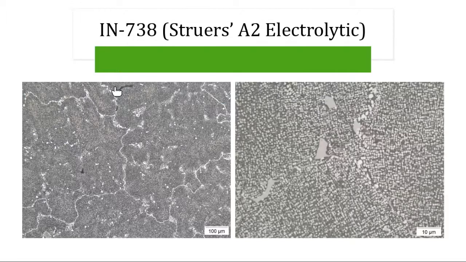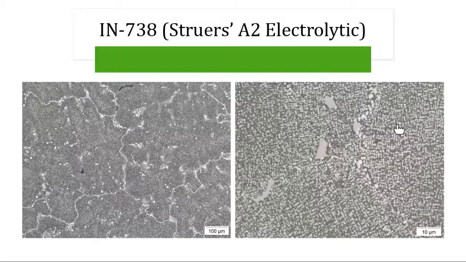I still have my shrinkage porosity located at the grain boundaries. This is the technique I would then use to perform gamma prime measurements in the SEM, and that would determine whether I have seen any thermal degradation of the microstructure to deem these no longer serviceable.